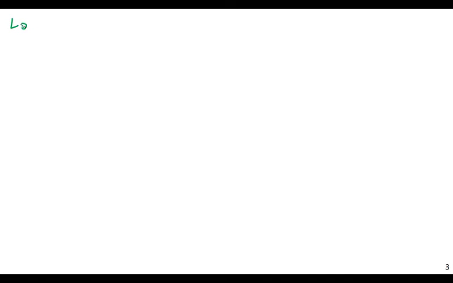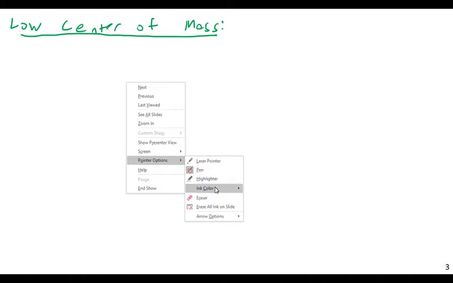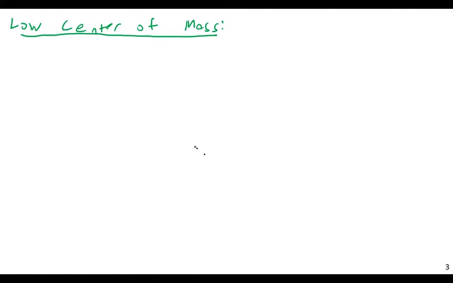So let's consider a low center of mass first. We're going to have an object, and I'm going to show it at a certain angle. Let's say we initially had an object.